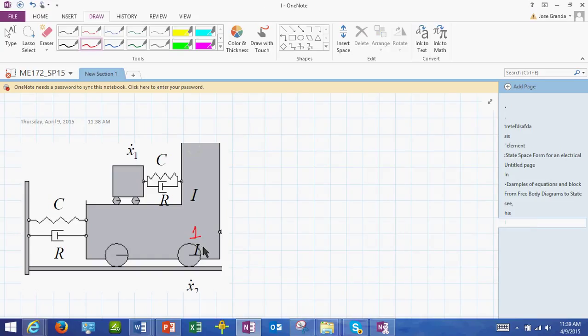So this is the velocity. If this is M1, I don't remember, we did it, let's see, yeah, this was M1, and this was M sub 2.